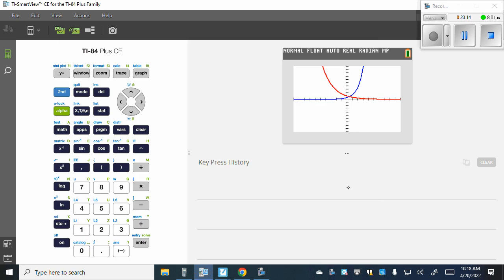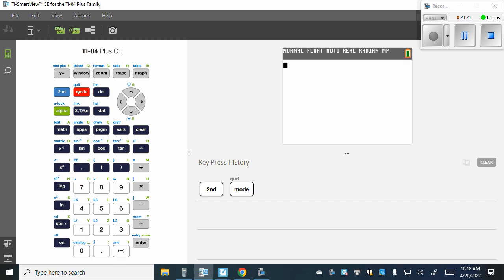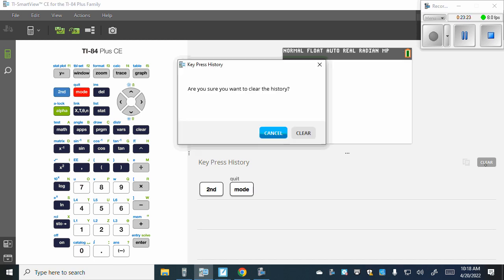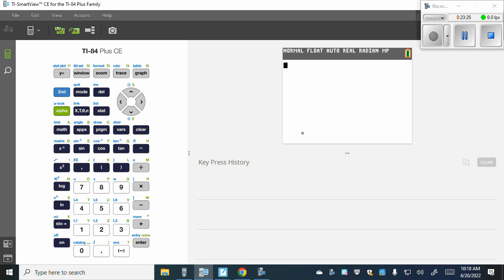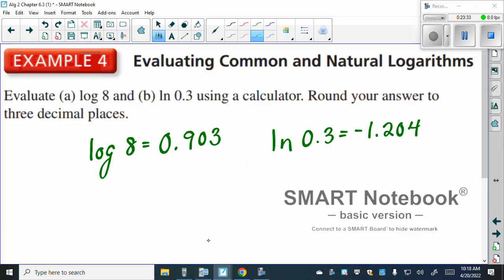And to pull up e, we can do second ln, or 10 to the x is actually second log. Any questions on these so far?